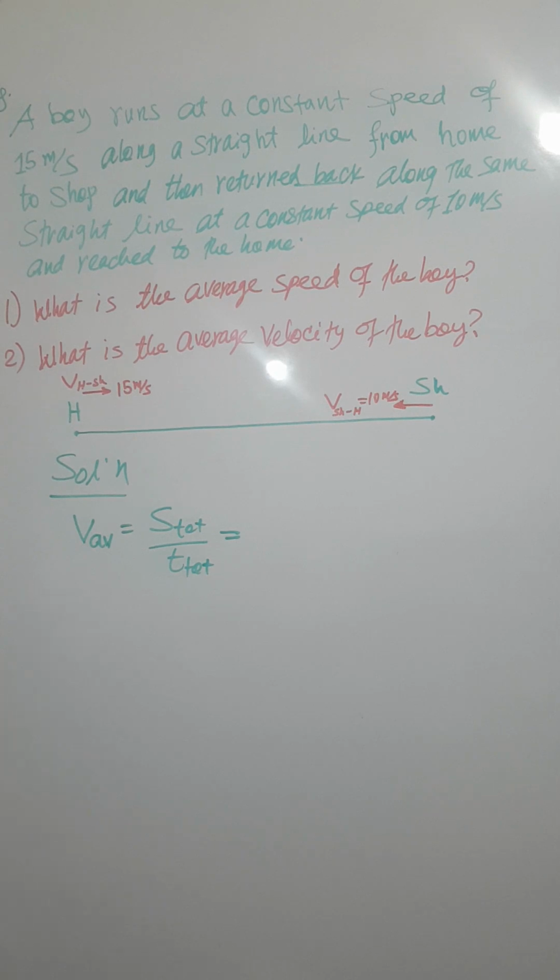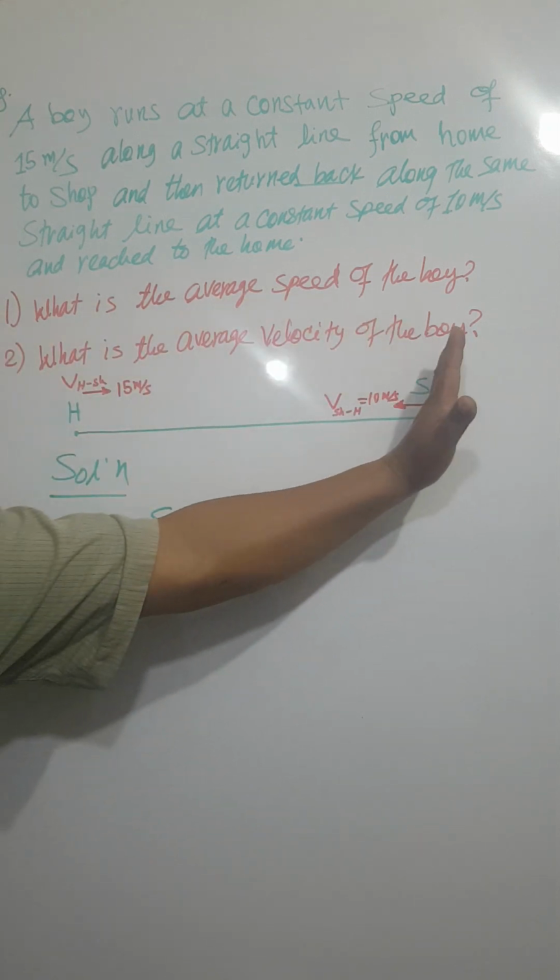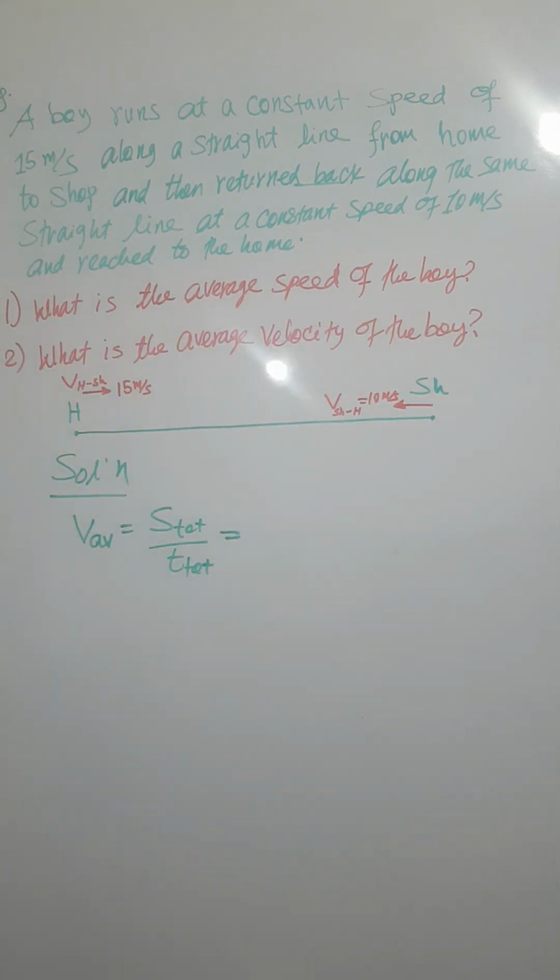So there is a difference between the time consumed by the boy to go from home to shop and to come back from shop to home. So we do have two types of times for the same distance.